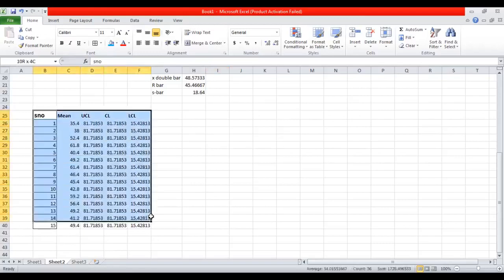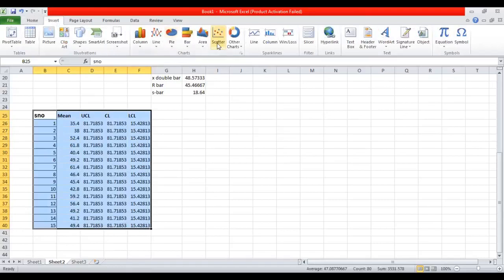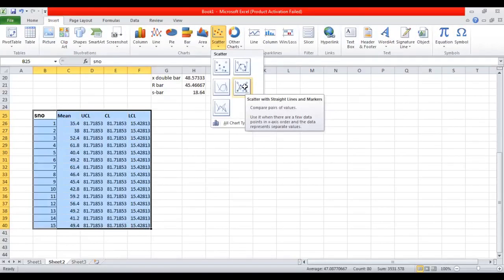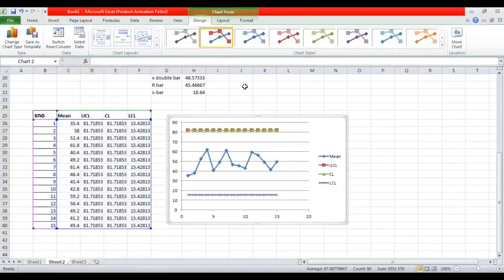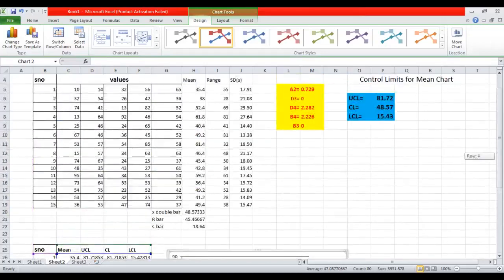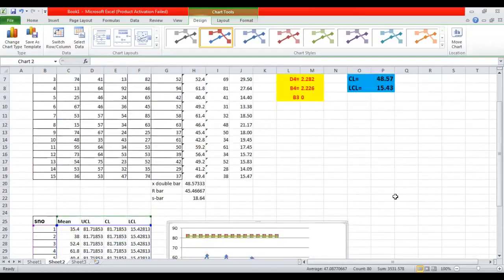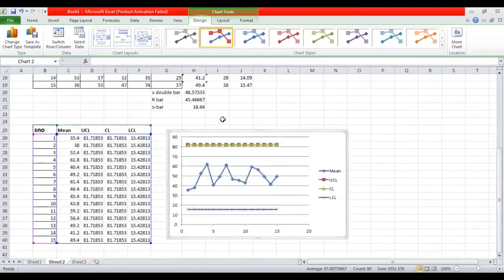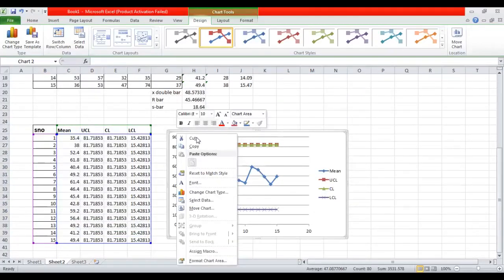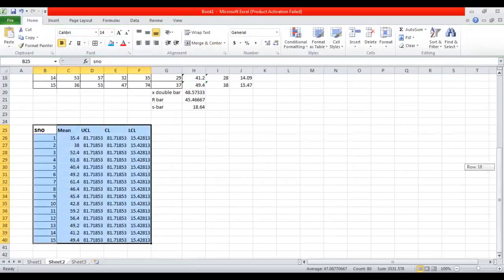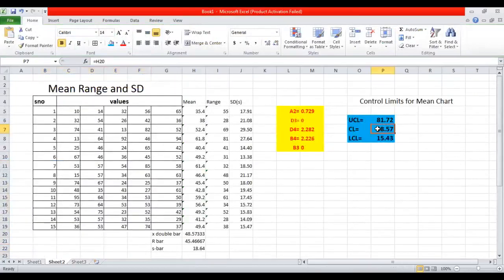Now select these values, then go to insert, then from insert choose scatter plot. From the scatter plot, you select one type of chart. This will give you the UCL, CL and LCL values. One second, CL value. I've copied a wrong CL value. One second. Our CL value is 48.